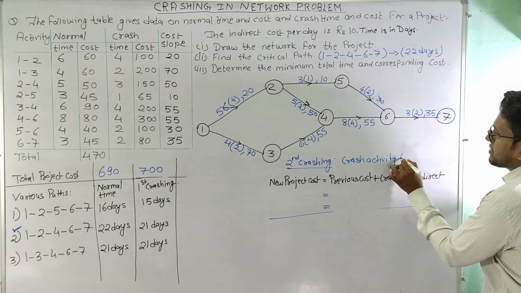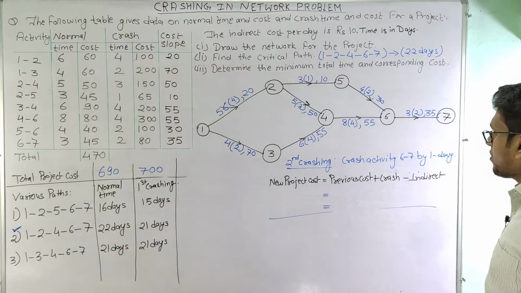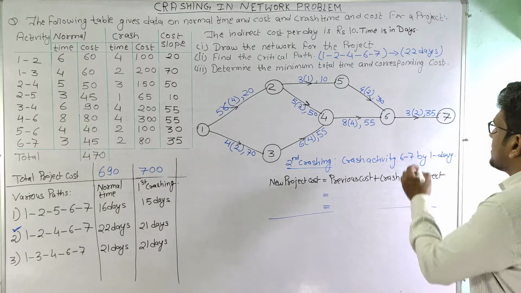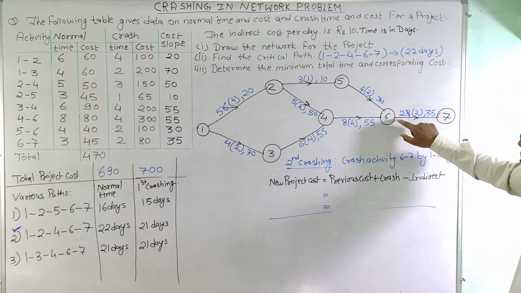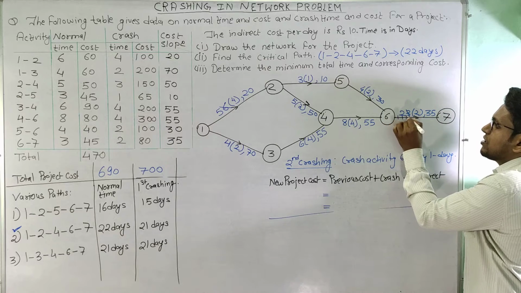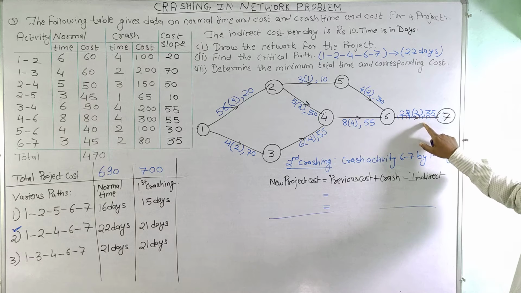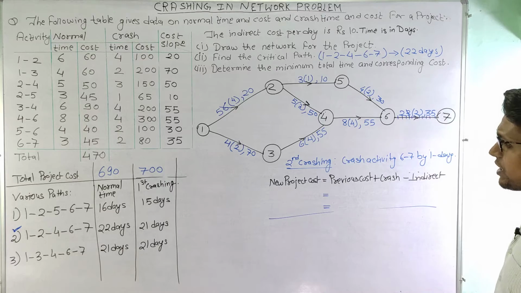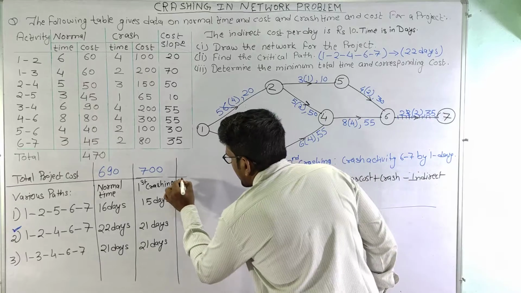So we crash activity 6, 7 by 1 day here, and after crashing this activity, the time will be reduced to 2, and once it has been reduced to 2, no more crashing can take place here. That means we show this by drawing vertical lines, and this representation shows that this activity cannot be crashed further. And now again we will calculate the timings for each path.